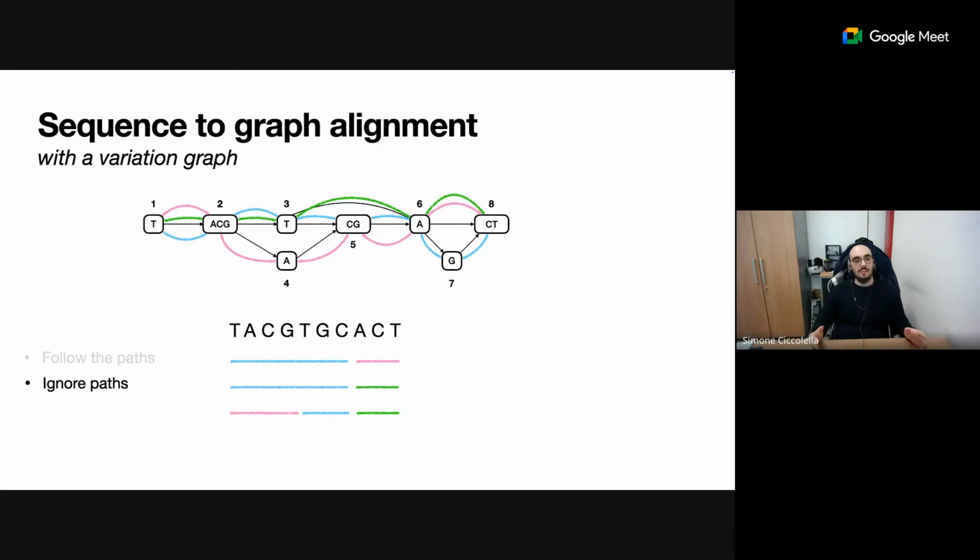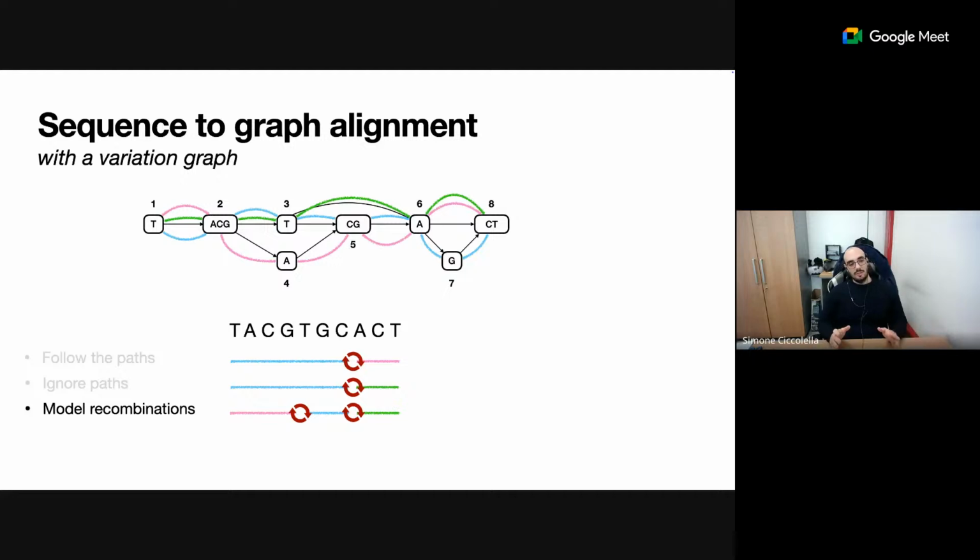We do not consider them, and we see whatever comes out based on how close the sequence is to the graph. That is still an easy problem, but now it will require some post-processing because we have to decide what we do with these paths. We can have multiple paths, and then we have to decide which one we want.